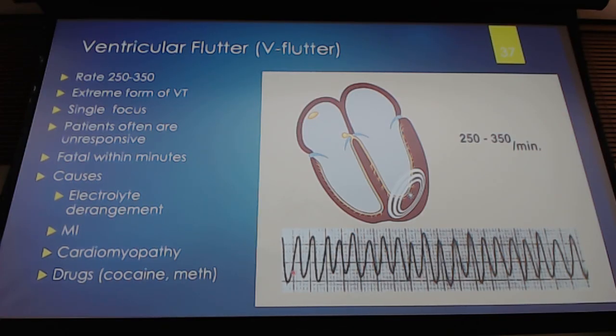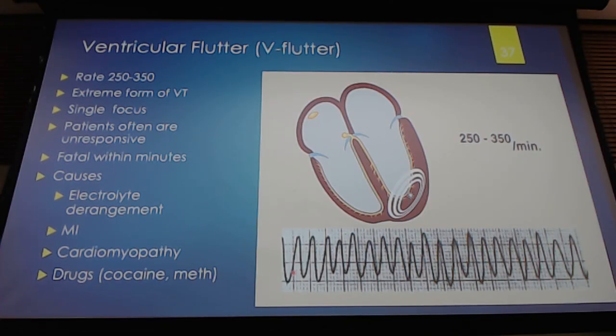Because if you have a ventricular rate of 350, you're not getting very good systemic push of blood, right? That blood is not getting out because you don't have a really good depolarization, really good contraction that is going to push all that blood out, because the ventricles are contracting so fast that we're not getting blood to the heart, to the lungs, and to the brain. Okay? This is really fast.